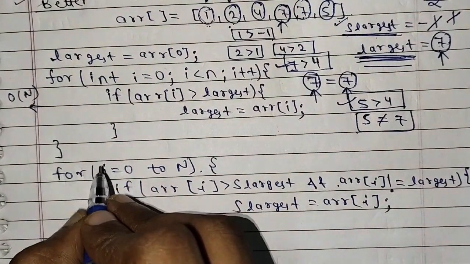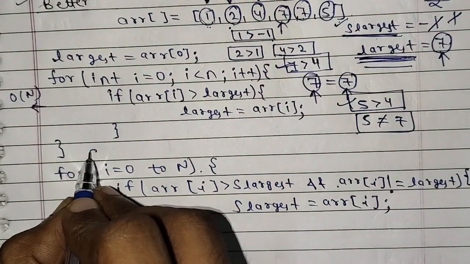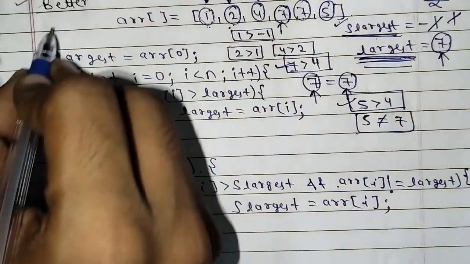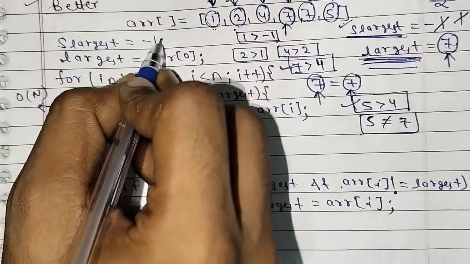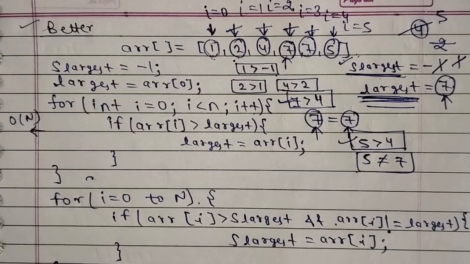And the second largest element starts with second largest equal to -1, because there is no negative in this array.